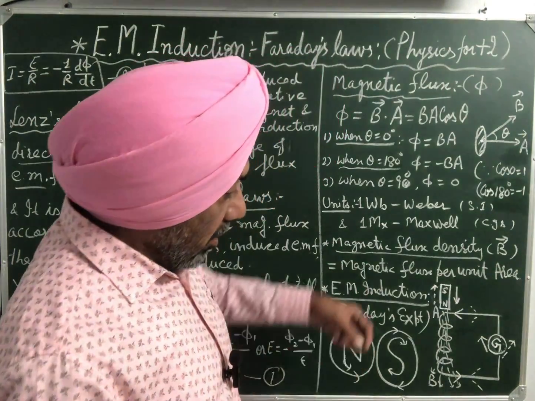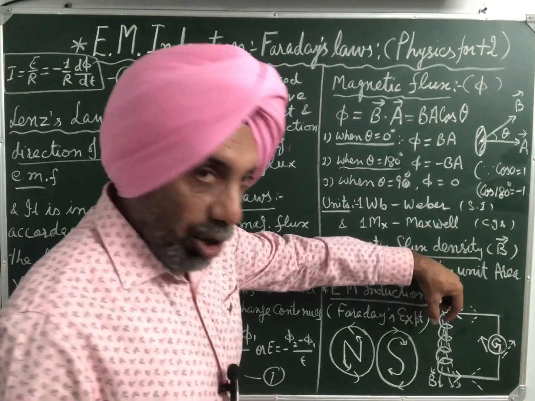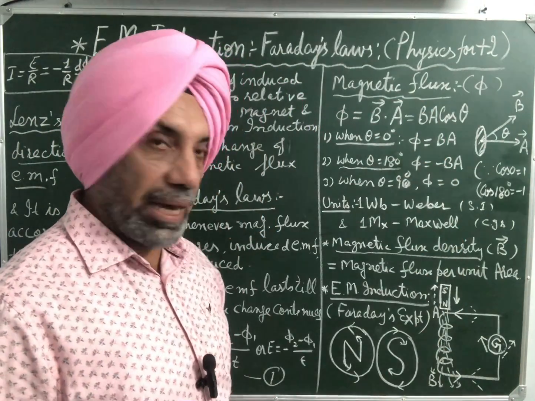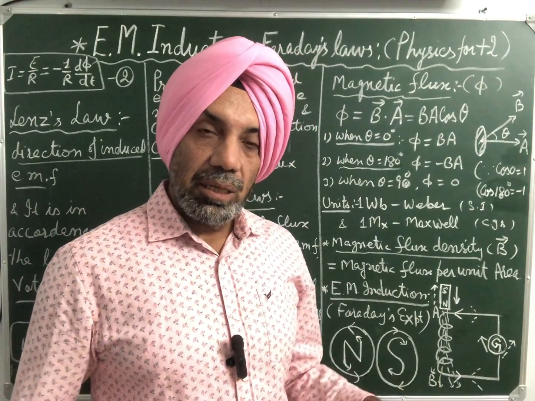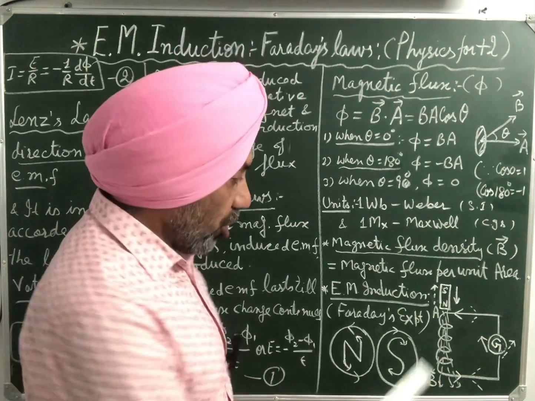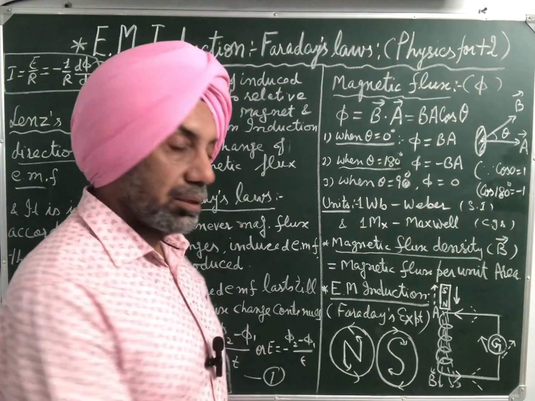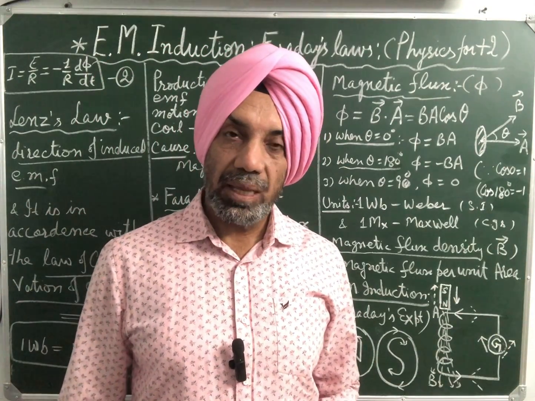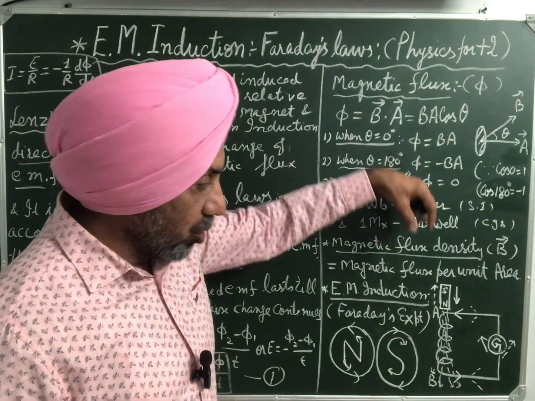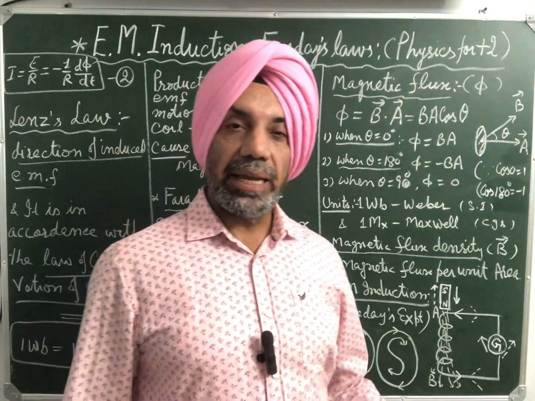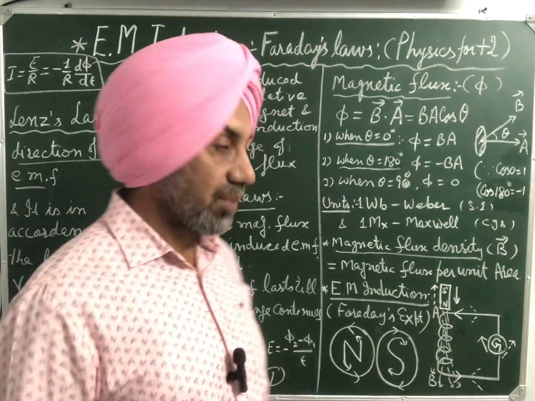It means when we introduce the magnet with north pole downward into the coil and A becomes north pole, there is a force of repulsion between the north of the magnet and the north of the coil. Work has to be done in order to move the magnet towards the coil against the force of repulsion.